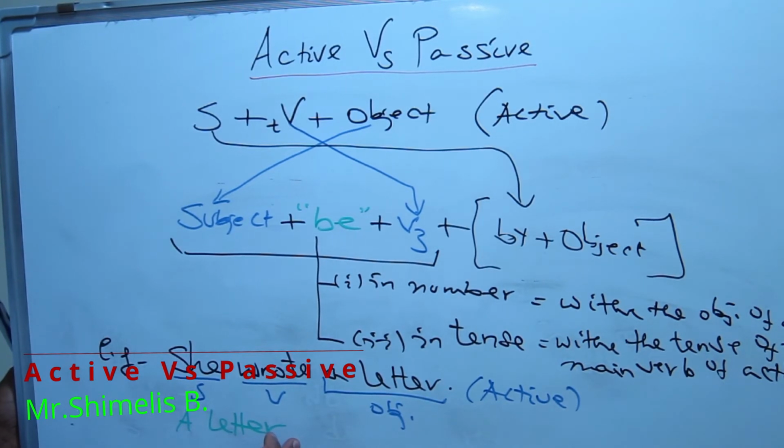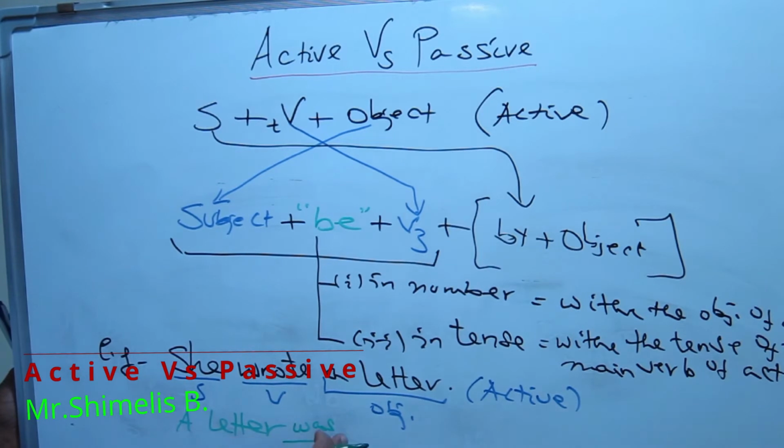To determine the tense of the verb to be, we look at the verb in the main clause. The verb in the main clause reads wrote. Wrote is a past form of write, which makes the verb to be past tense here. So the verb to be should be past in tense and singular in number, so it is was.